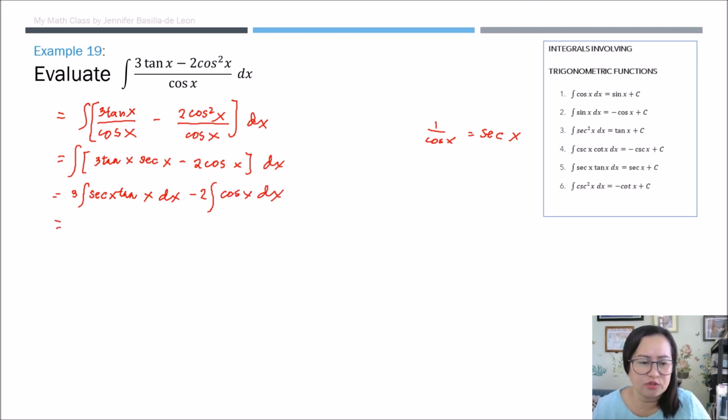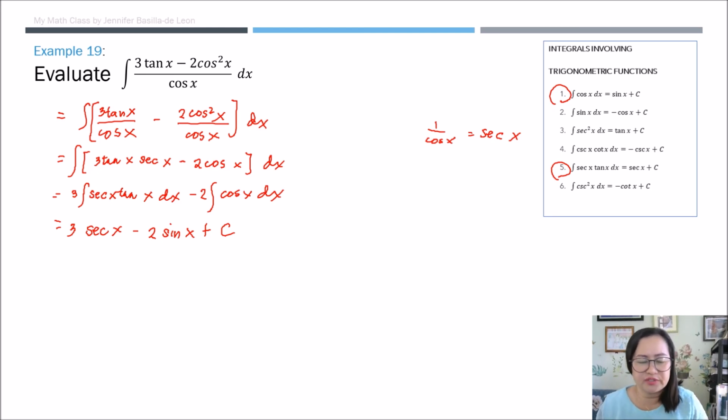Now, we can use rule number 5. So we will have 3 secant x, and then for the second term, we can use rule number 1. So we shall have 2 times sine x plus the arbitrary constant c.